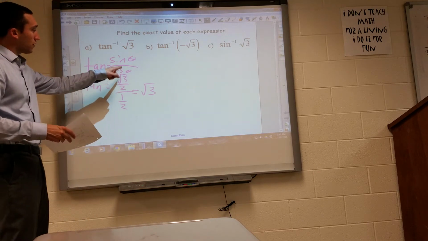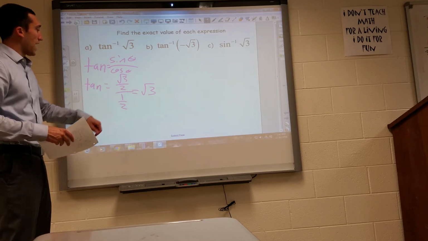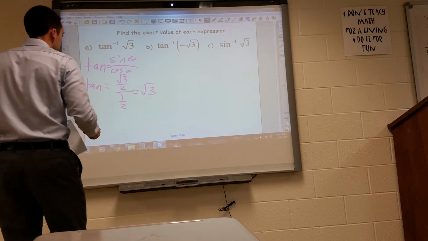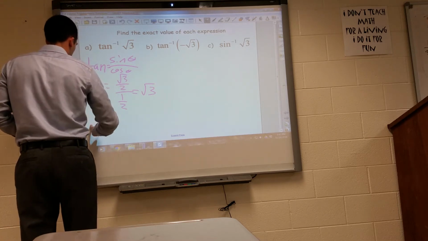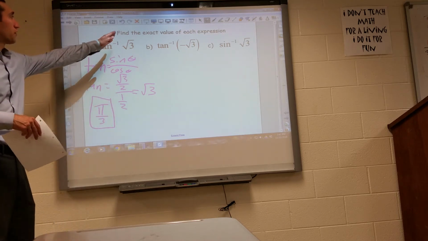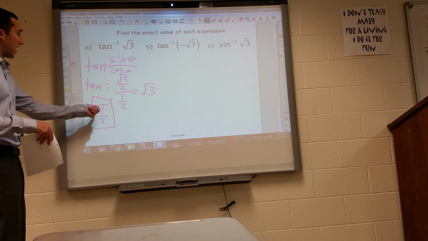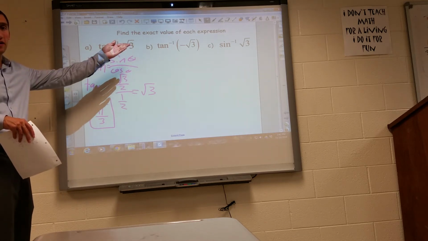And the angle that gives me radical 3 over 2 for sine and 1/2 for cosine is pi over 3. So the inverse tangent of radical 3 is pi over 3, because if I did tangent of pi over 3, I would get radical 3 back in return.